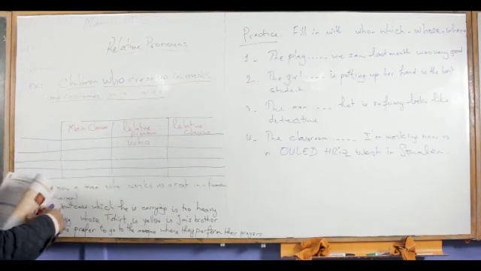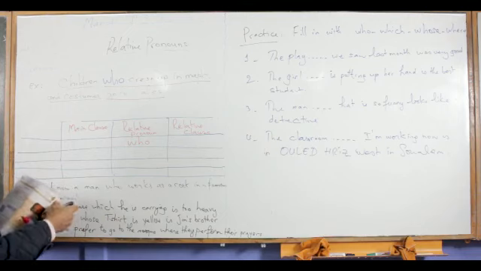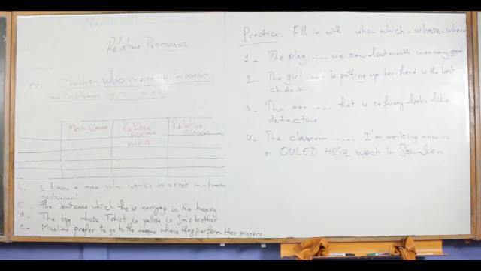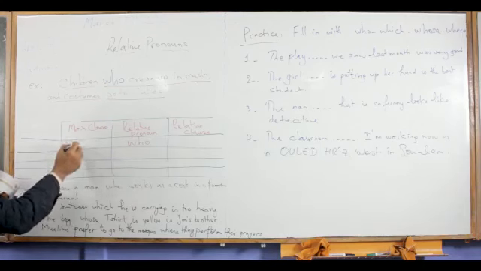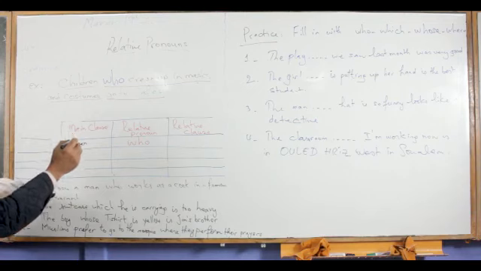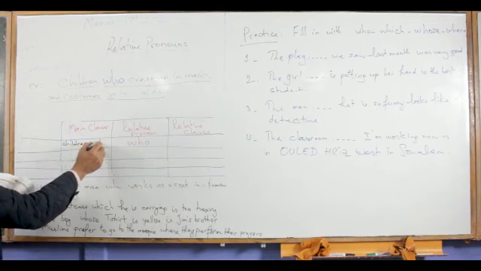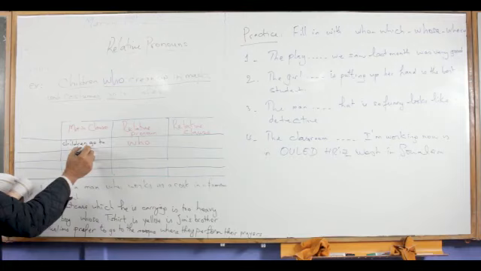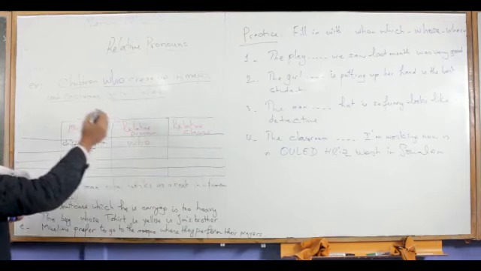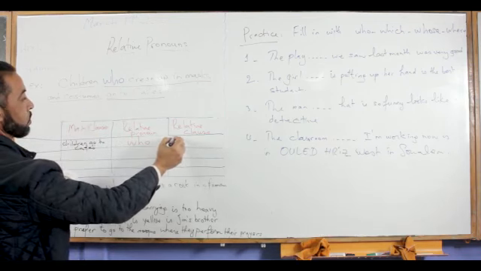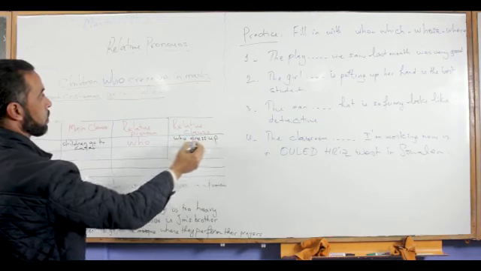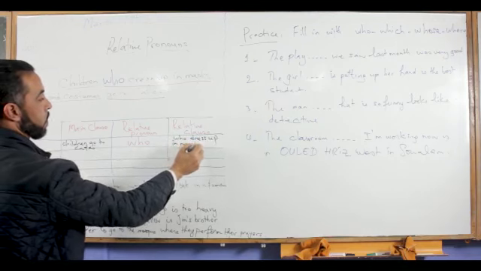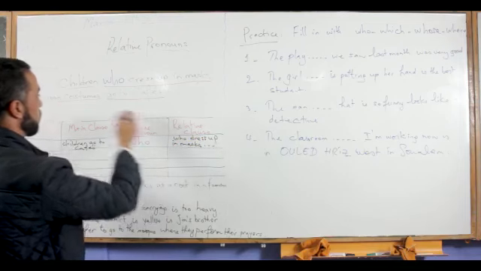The main clause is children go to cafes, and the relative clause is this: dress up in masks and costumes.